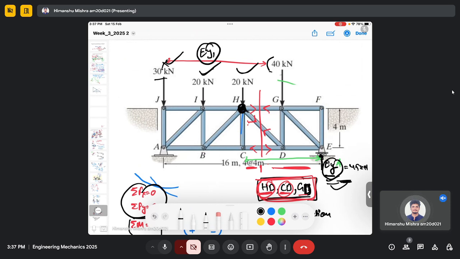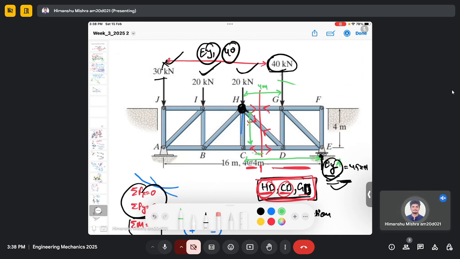Then the 40 kilonewton force will have a moment because it has a perpendicular distance of 4 meters. So we have a 40 kilonewton force which is creating a moment about point H. Then there is force CD, and this is the perpendicular distance for CD, because the force is in the horizontal direction.